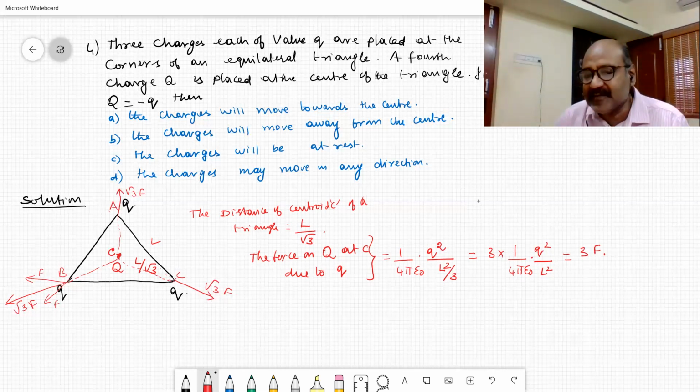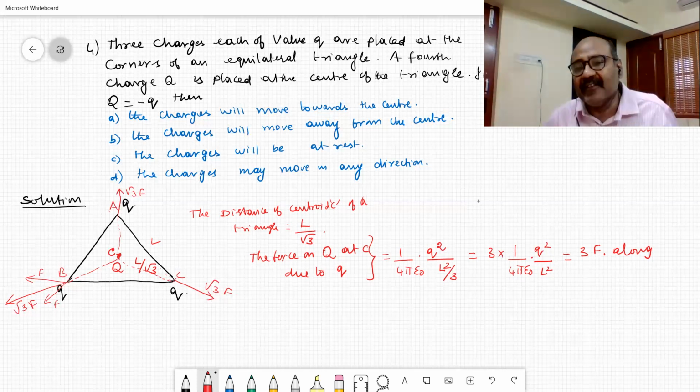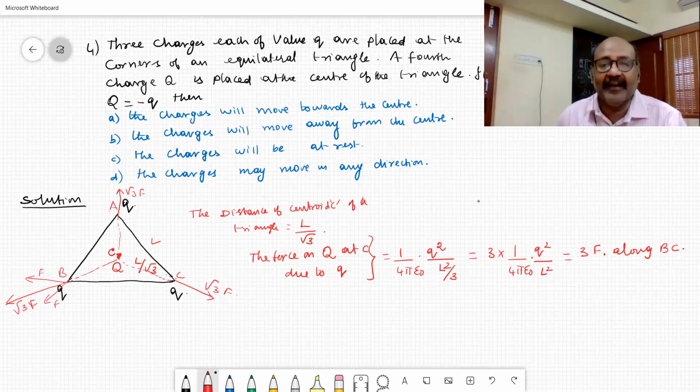In what direction will this force be acting? This force will be acting along the corner to the center. If I take any one of the corners, say the corner point B, then B to C, it will be acting along BC. For point A, it is from A to C. Now, when you are considering the forces acting along the same line, if I take the point B, towards the center I am having a force 3F.